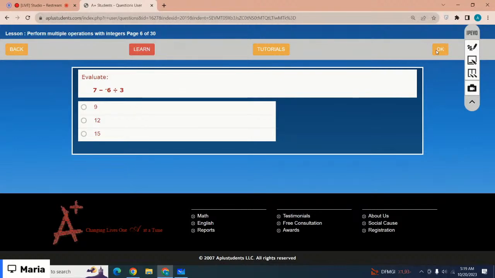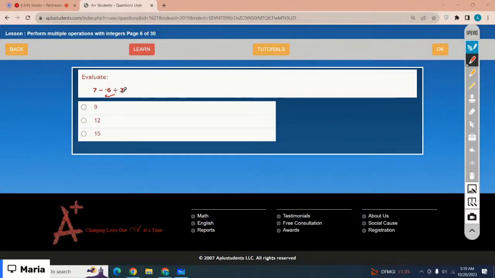Okay, evaluate 7 minus negative 6 divided by 3. First, you have to do division, right? We are dividing a negative number by a positive number. So, negative 6 divided by 3 is negative 2, right? Positive and positive is positive, negative and negative is positive.